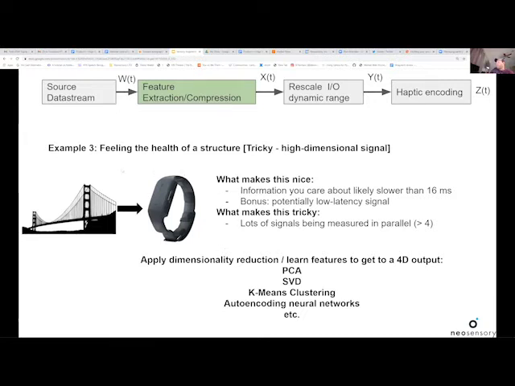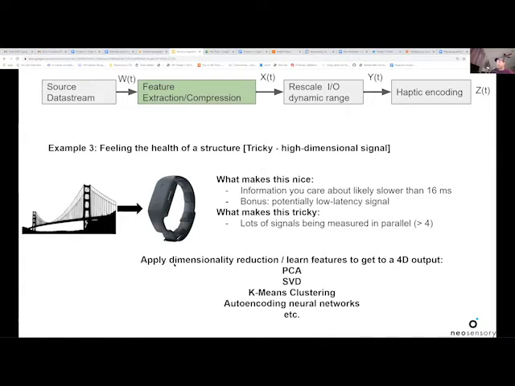And the challenge here is there are a lot more sensors, hundreds of them, than what you can pass through with the 4 vibrational units that you have on Buzz or your own device. So what you can do to overcome this is apply dimensionality reduction techniques.